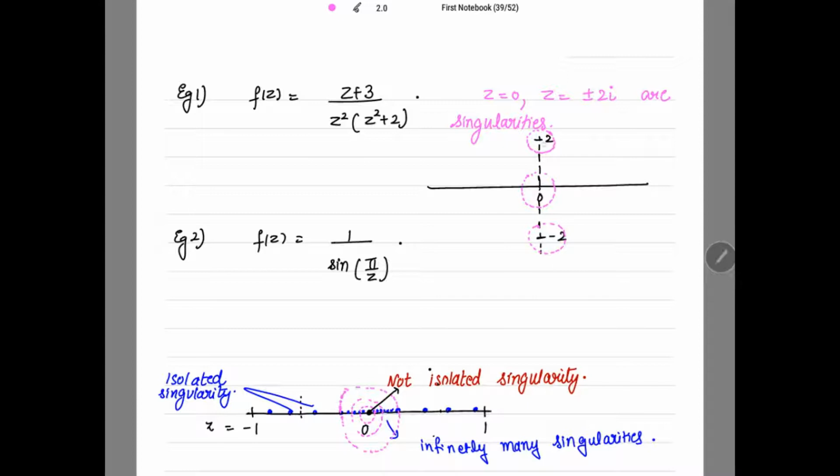No. So all these singularities are isolated singularities, right? So I write z equal to 0, z equal to plus minus 2 are isolated singularities.